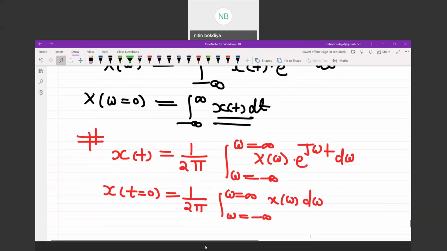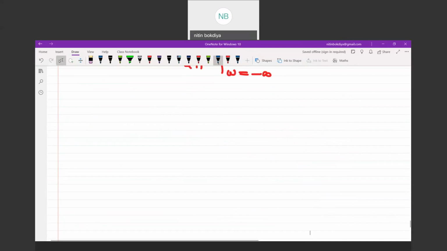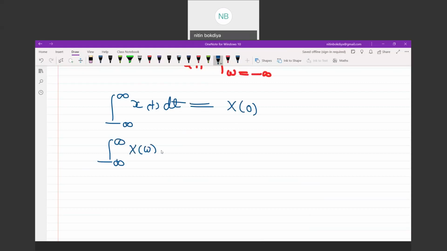So you can say two very popular expressions: integral from minus infinity to infinity of x of t dt is equivalent to capital X of 0, while integral from minus infinity to infinity of x of omega d omega is equivalent to 2 pi x of t equal to 0.